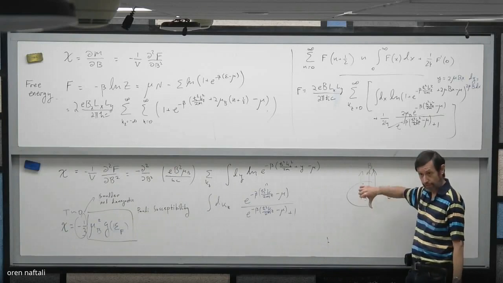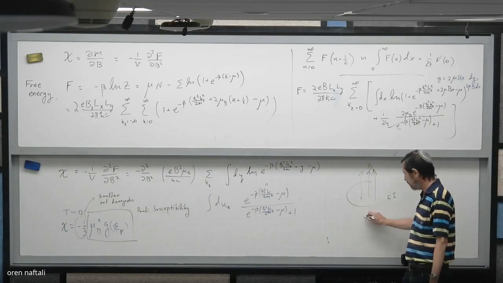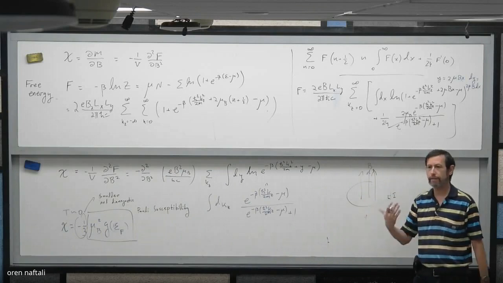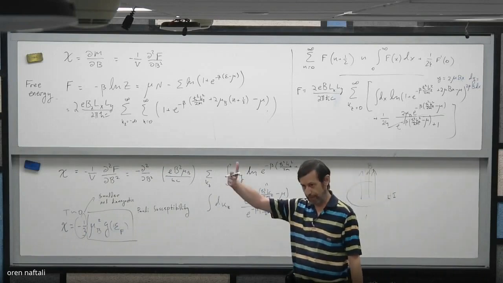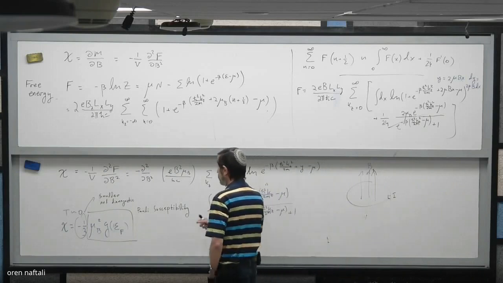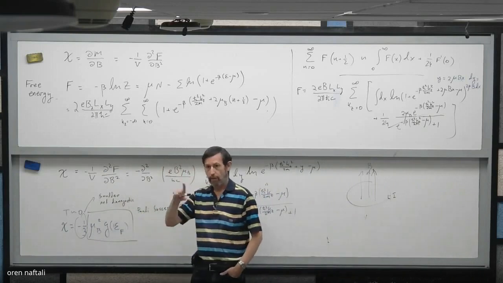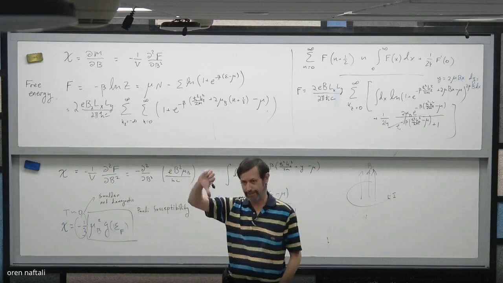Diamagnetic, in the opposite direction. You can always remember that it's as if it resists increasing B and creates a magnetic field in the opposite direction. Everything that has to do with orbital actually wants to decrease the magnetic field.